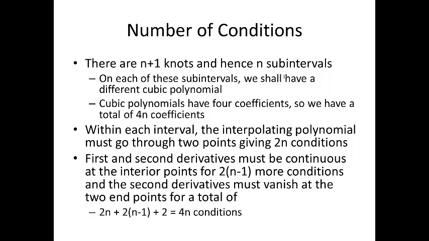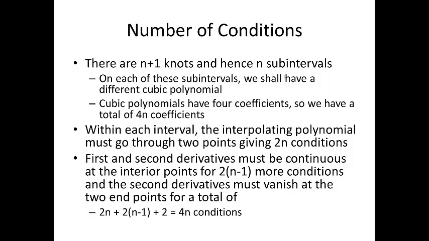The first and second derivatives need to be continuous at the interior points, and that gives us 2 times n minus 1 more conditions. And the second derivatives must vanish at the 2 endpoints. So the sum total of this is 2n plus 2 times n minus 1 plus 2, which yields a total of 4n conditions, which is what we need for the cubic polynomials.